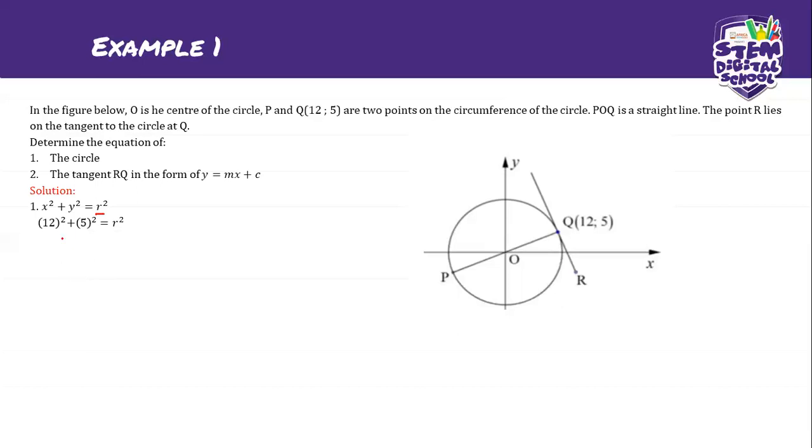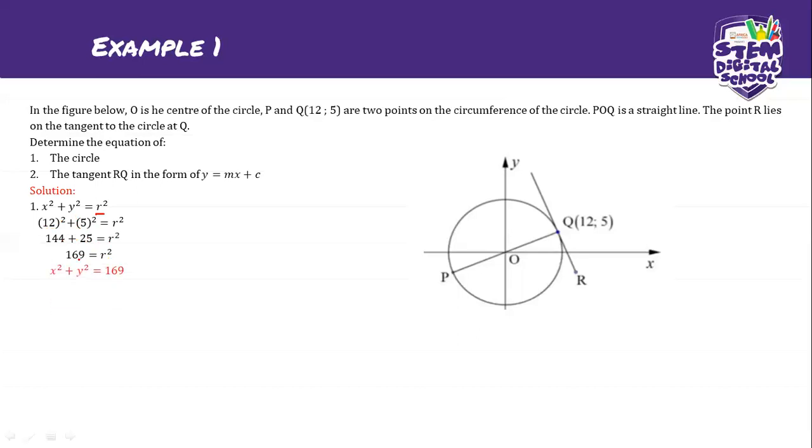Next step, you substitute your x value, which is 12, and your y value, which is 5. Then 12 squared is 144 plus 5 squared is 25 equals r squared. When you add them together, you get 169 equals r squared. Remember, we are looking for r squared so that we can have the equation of the circle.